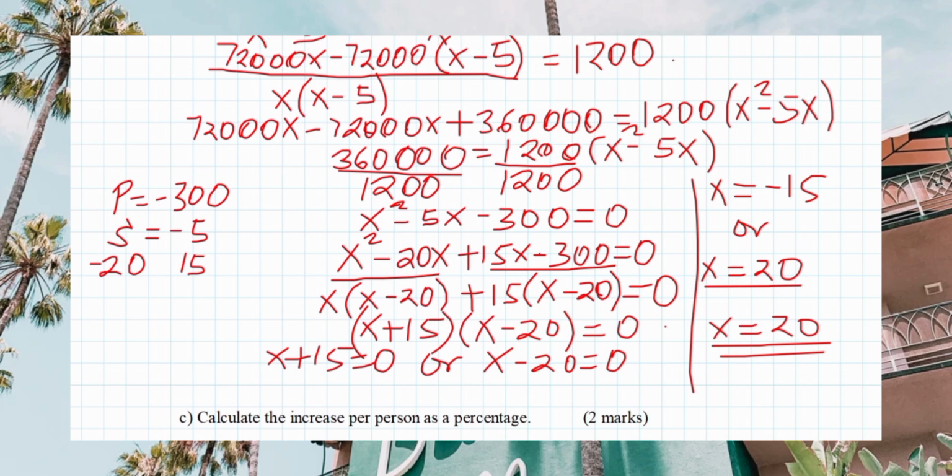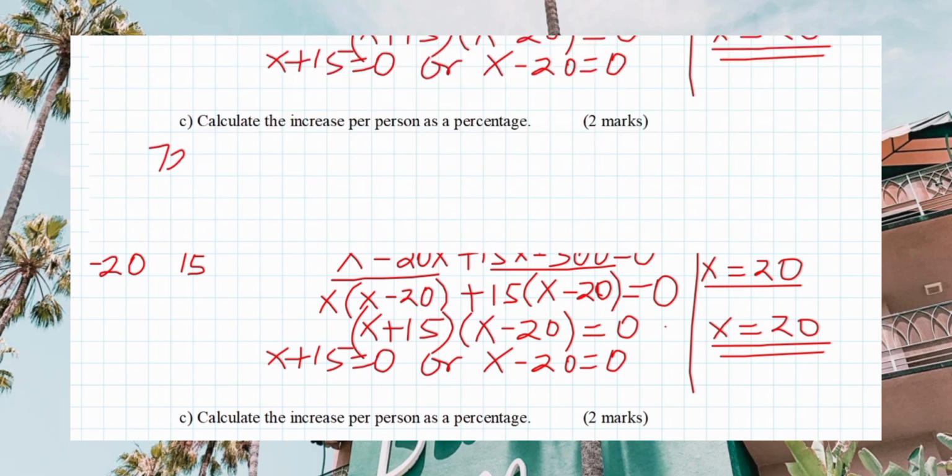Then the last part C was telling us to calculate the increase per person as a percentage. So we need to find out how much each person was to contribute originally. We are to contribute 72,000, and the original number of people we found to be 20, meaning that originally every person was to contribute 3,600. And the increase was 1,200.